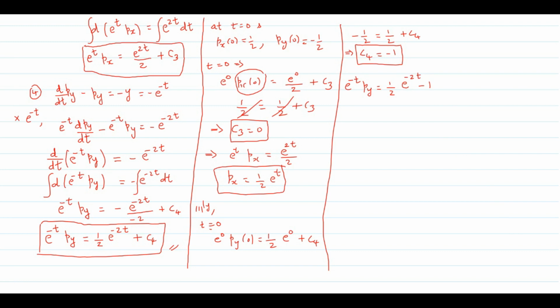We can multiply by e power t on both sides, which means p y can be written as 1 by 2 e power minus t minus e power t. So this is p y of t. Okay, so this is p x of t and this is p y of t.